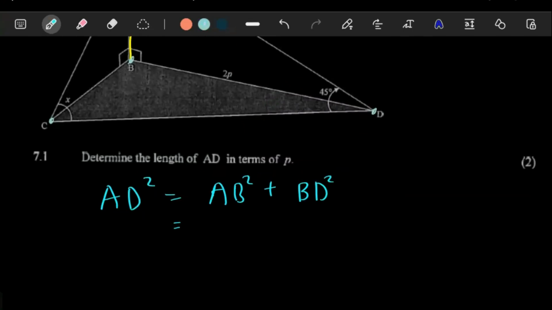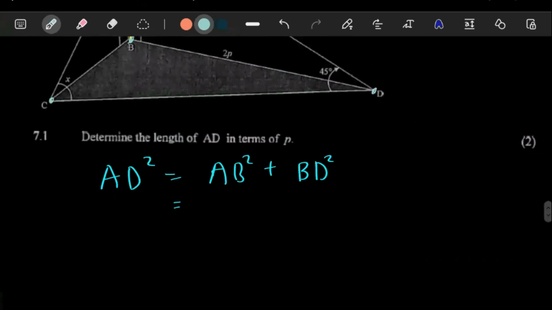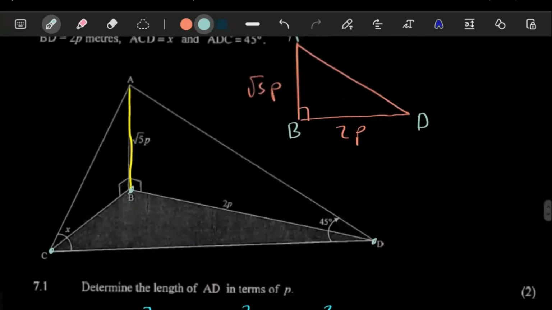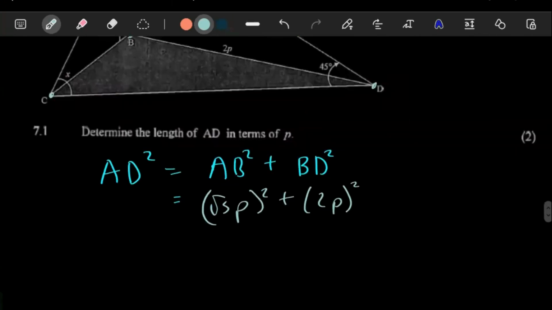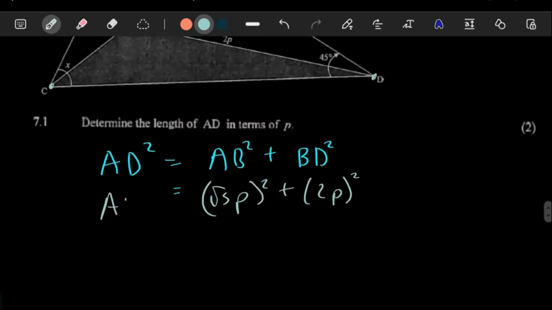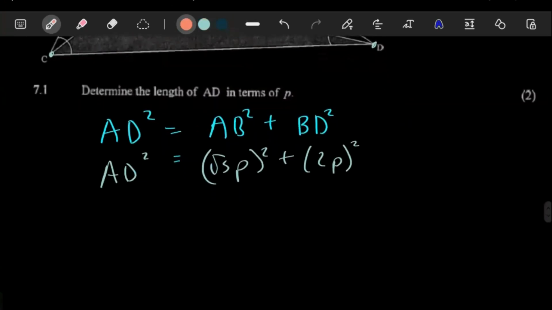And then we have AB is equal to square root of 5P, squared. BD is 2P, squared. And then you have AD, which is just AD. So obviously here, square root of 5 squared, that's 5P squared. 2 squared is 4, P squared is P squared.